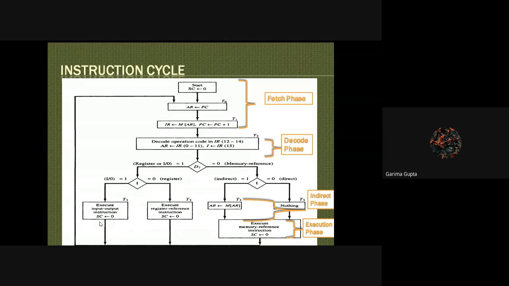Please see, all other kinds of instructions just require one memory access. You're looking at this memory access step here. This is the only time that we have accessed the memory in this entire flowchart, right? But if it is an indirect memory reference instruction, then we have to do it a second time again.